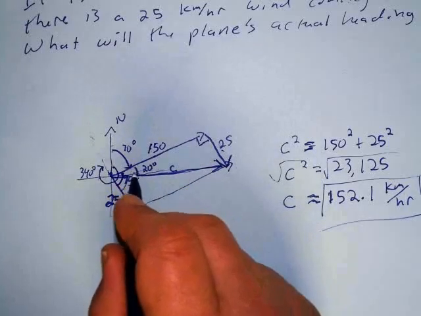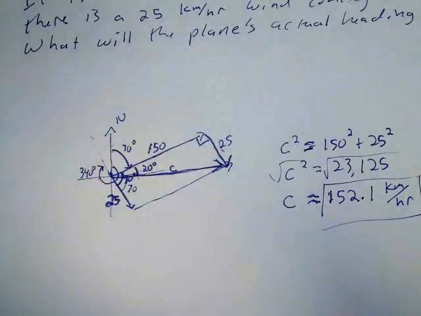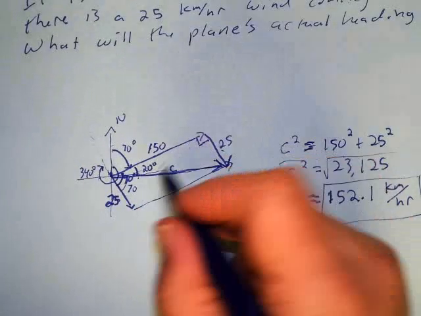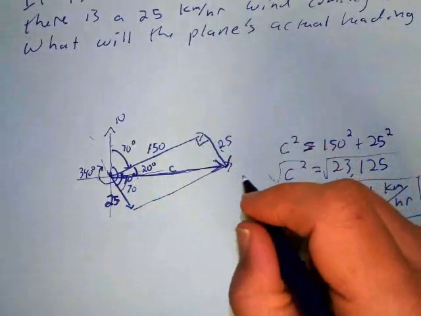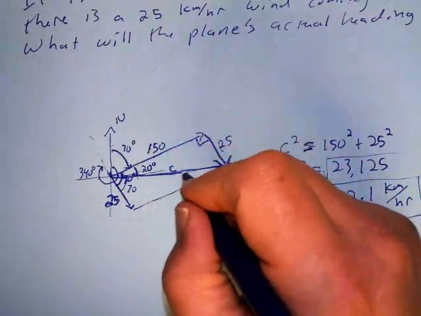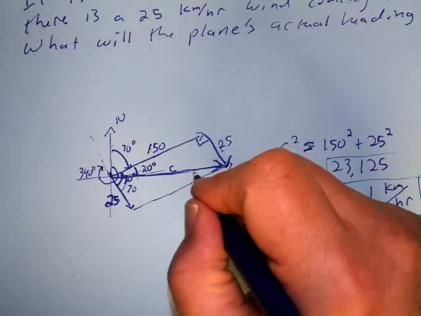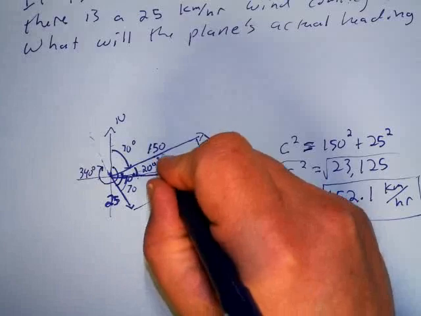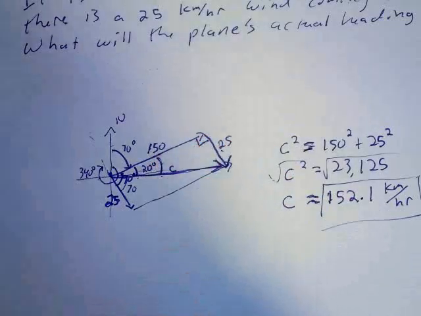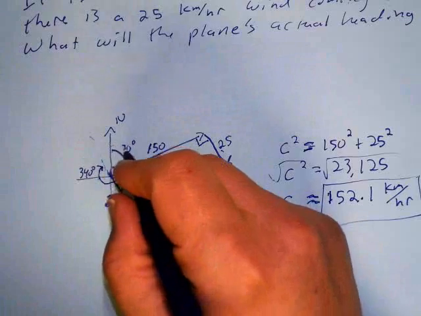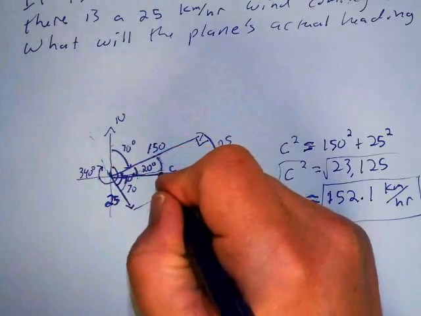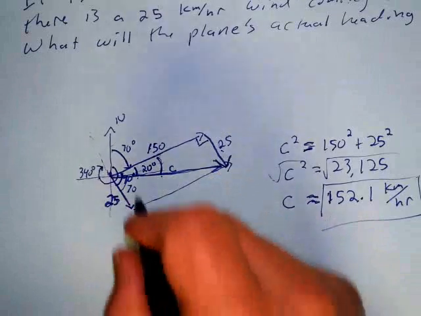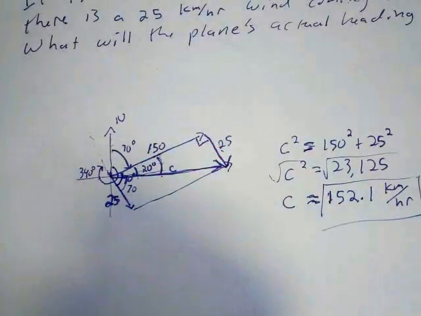I was almost thinking, oh, that's 20 degrees, but that's not. This is not the x-axis. So I would like to get this angle from the resultant to here, and then I'll just take 70 plus that angle to get the full bearing.